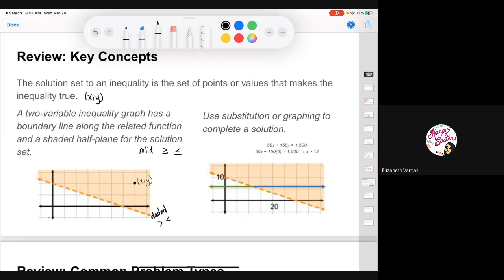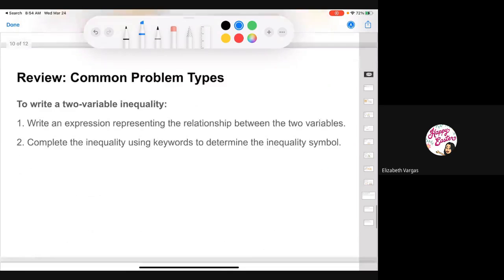To solve for a solution set, you could use substitution or graphing. So if I wanted to find that point of intersection, I could create a graph for this part of the equation and this part of the equation and see when they intersect, if I was asked to do so.